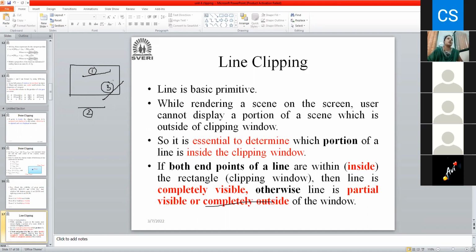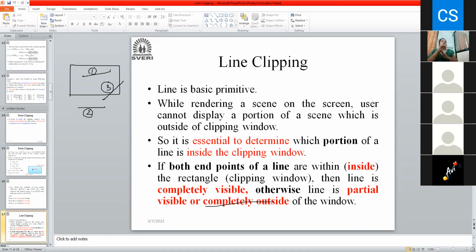So there are three types of lines. First, if both the endpoints are inside, then the whole line is visible. That is called a totally visible line, completely visible. Second, if both the endpoints are outside, then that line is totally invisible, it is completely outside.